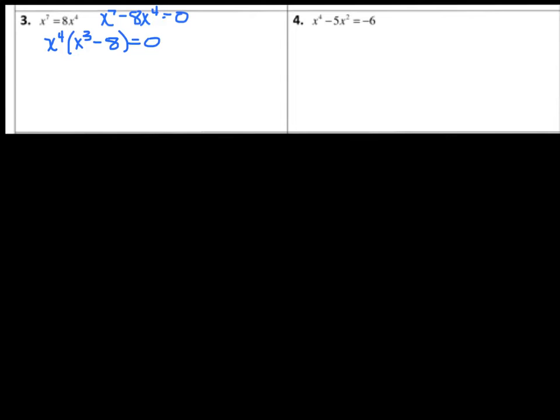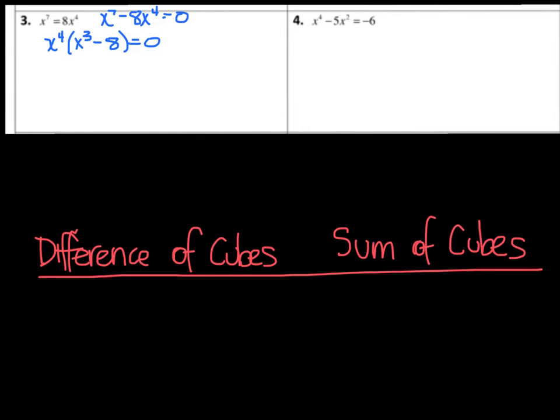Now, this brings up a point, so I need you to turn over to the back of this paper where you have a blank side, and on the top of it, I want you to write difference of cubes and sum of cubes. We're going to learn how to factor what's called the sum of cubes and the difference of cubes.